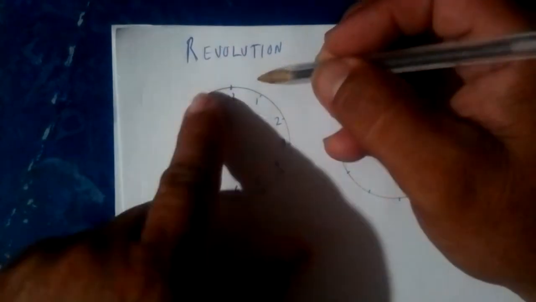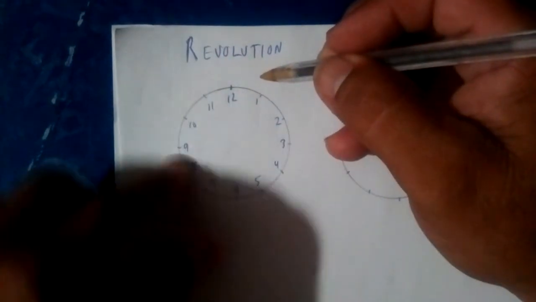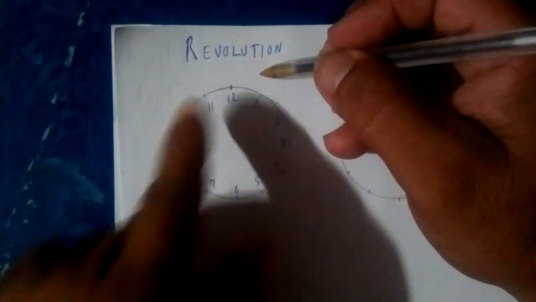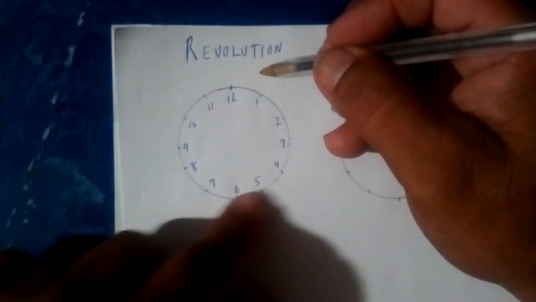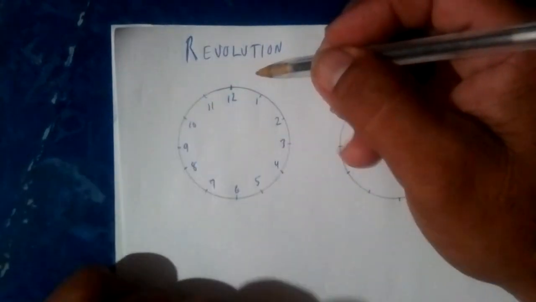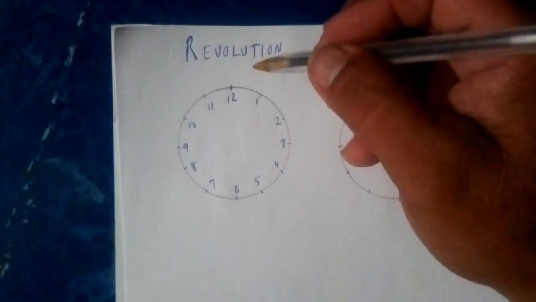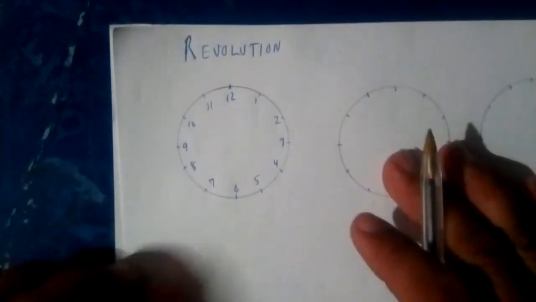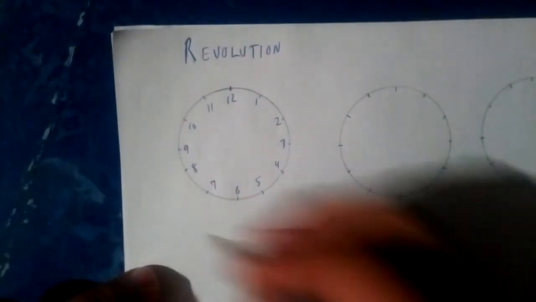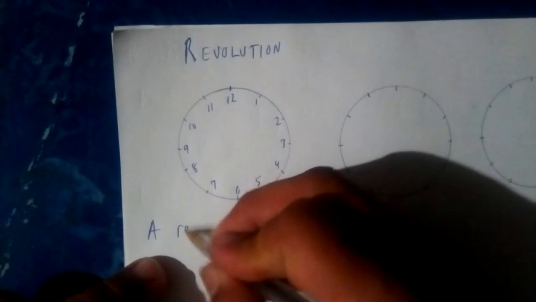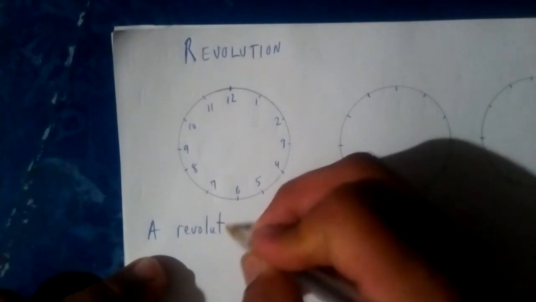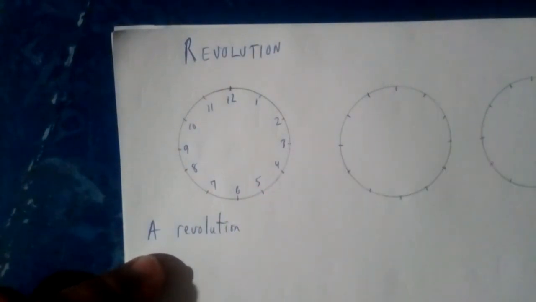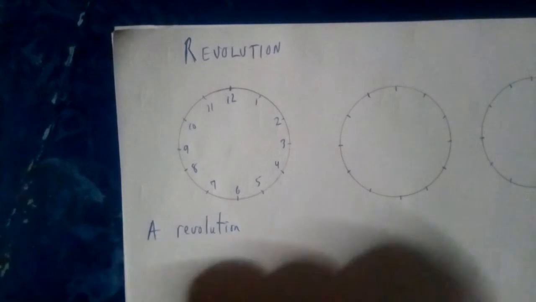So one complete turn of the hour hand is a revolution. One complete turn of the minute hand is also a revolution. So let's write the definition of a revolution. A revolution is not when people riot and have wars and so forth. It is simply a turn.